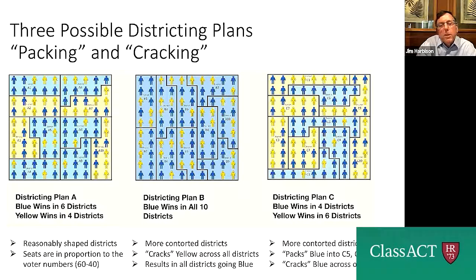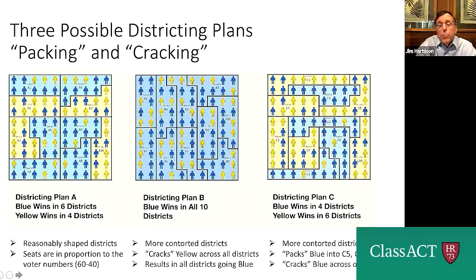But now look at middle plan B. Here they've contoured the edges of this. This is what the blue party might choose to do. They have changed the lines in such a way that they've spread the yellow around so much that they're now the minority in every one of the districts. So blue wins every district. So yellow is completely disenfranchised. That's a case of cracking.